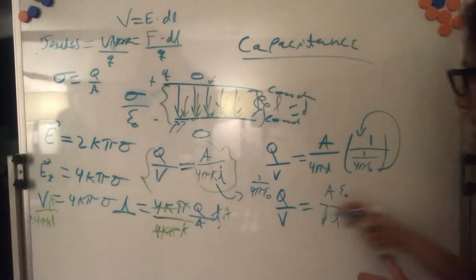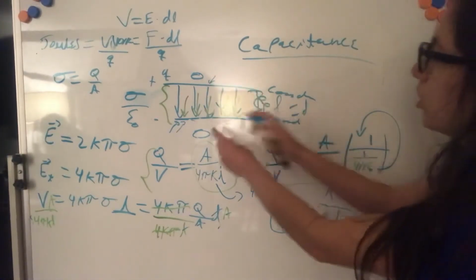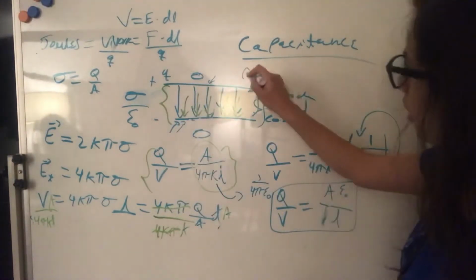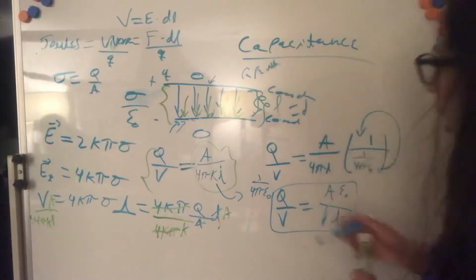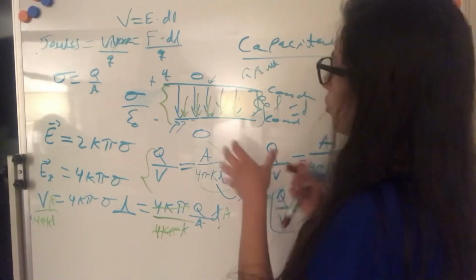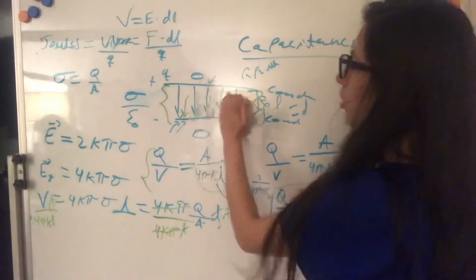And this ratio is always constant for a fixed condenser. This system is called a condenser or a capacitor. And this is a measure of how much charge or how much energy could be stored between these plates.